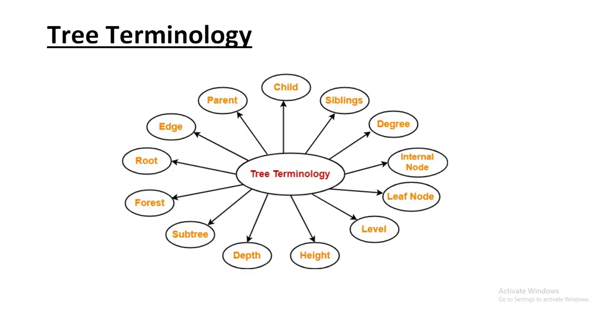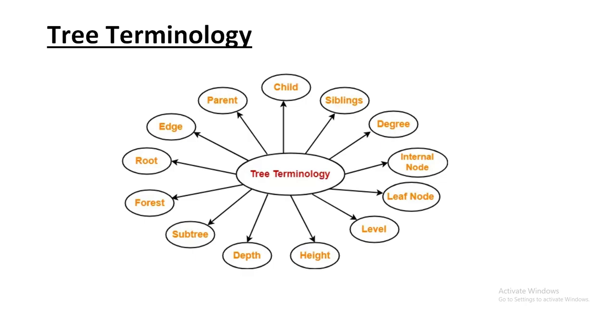So the terminologies are parent, child, siblings, in the sense nodes at the same level, degree, the number of children of that particular node, internal node, in the sense between the root and the last node, and leaf node, which is the last level of node. Level means each and every parent is represented as a level.